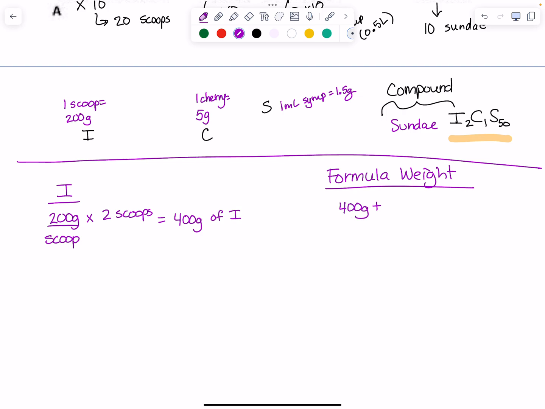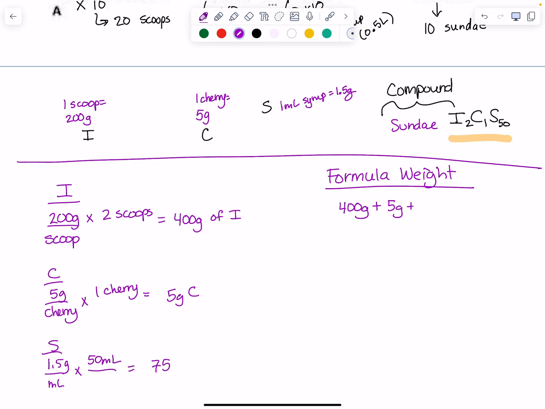From the cherry, we've got 5 grams per cherry times 1 cherry. That gives us 5 grams of C, so plus 5 grams. And then we have our syrup, 1.5 grams per milliliter times 50 milliliters, and that is going to give us 75 grams, okay?